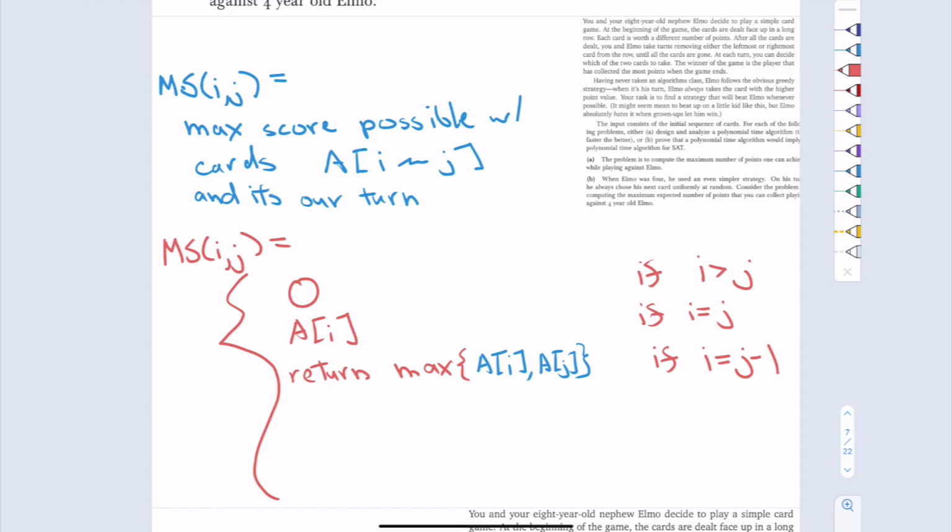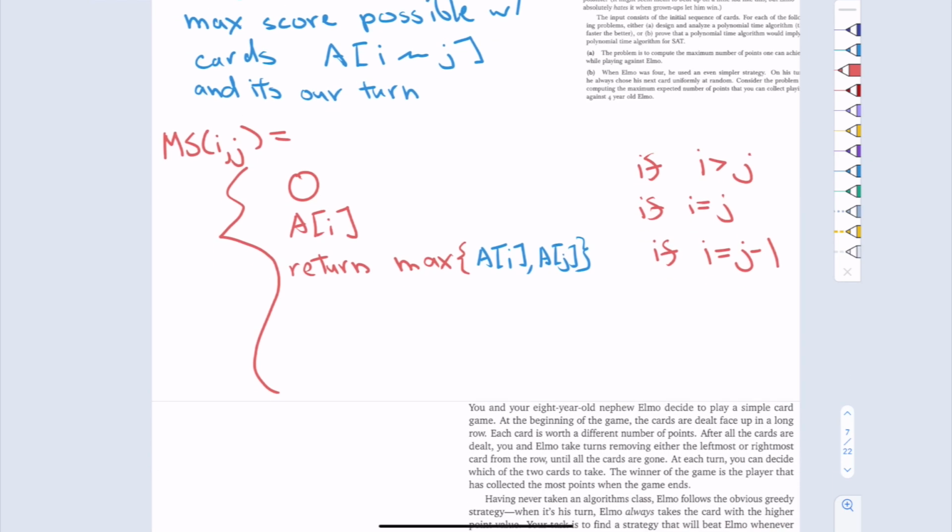All right, then what's the general case? So you either take the right card or the left card. Okay, so if you take the right card, card j, then you have to determine if Elmo's going to take card i or card j minus 1. So we'll do A i plus 1.